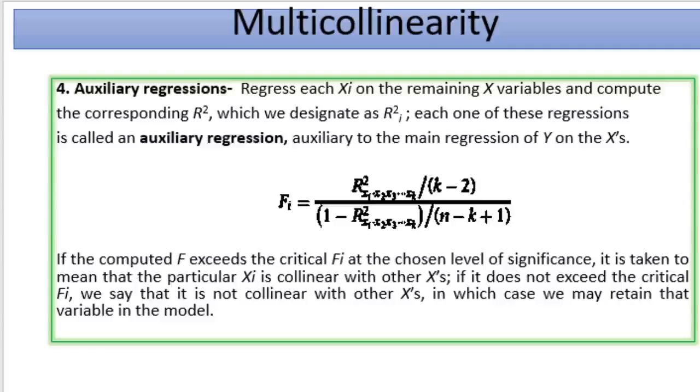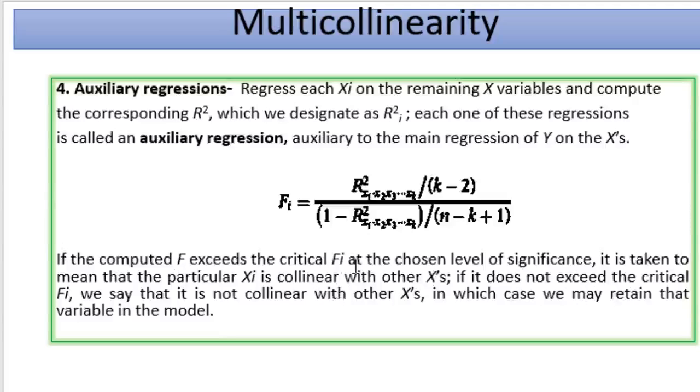Then compute the F value using this formula. If the computed F exceeds the critical F value at the chosen level of significance, it is taken to mean that the particular xi is collinear with the other x's. If it does not exceed the critical F, then it is not.